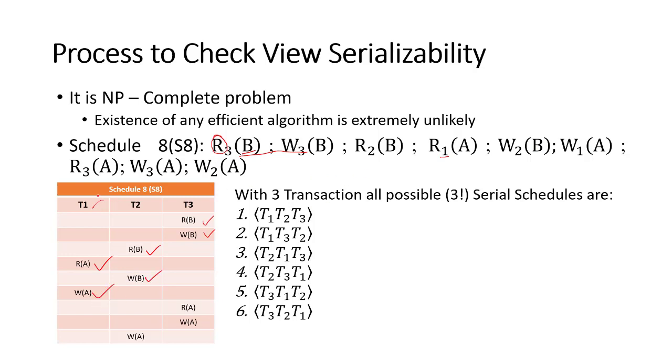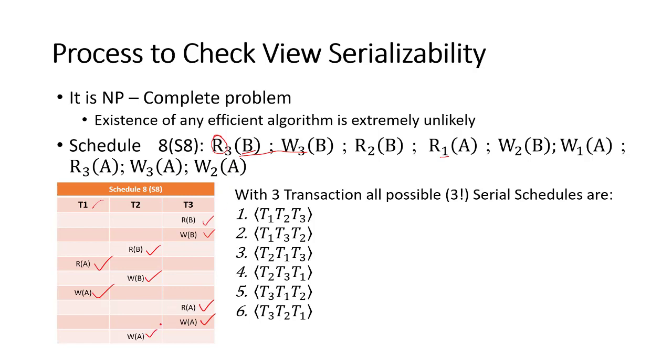The next operation is a read operation by transaction 3 on data item A, and the next operation is a write operation by transaction 3 on data item A. The last operation is by transaction 2 on data item A.